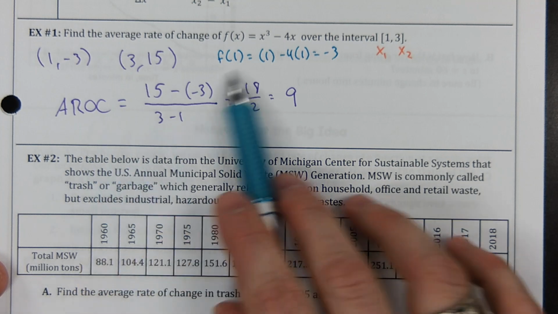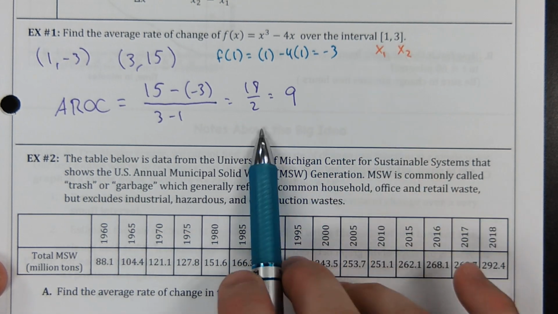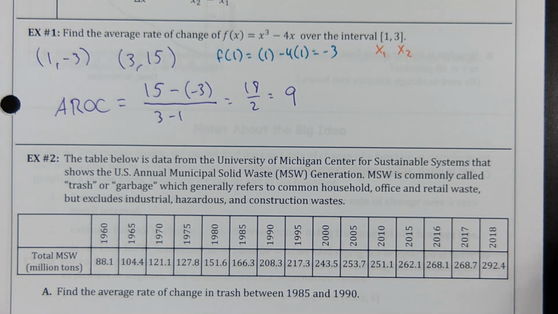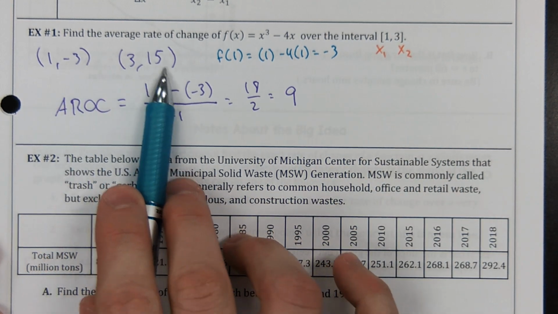The slope between these 2 points, the average rate of change over this interval of x's is 9. That's it. There's nothing else to it. That's all we're doing. Cool? How'd I get what? The 9, the 18, the negative 3, the 15? Yep, I was plugging these x's in and getting these 2 y's and then finding the slope.